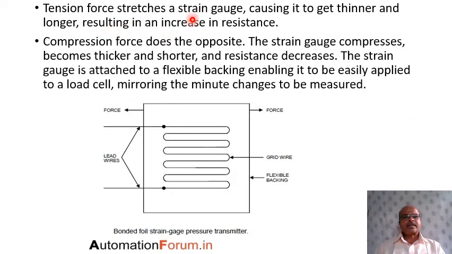Tension force stretches a strain gauge, causing it to get thinner and longer, resulting in an increase in resistance. Compression force does the opposite.